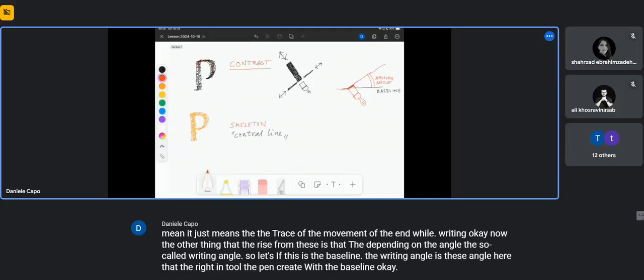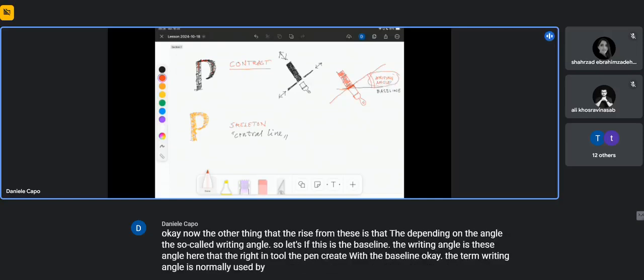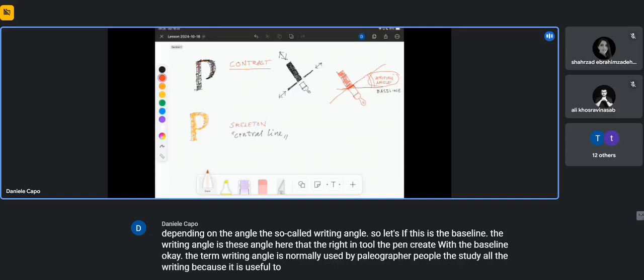Okay? The term writing angle is normally used by paleographers, people that study old writing, because it is useful to describe the writing that they study.